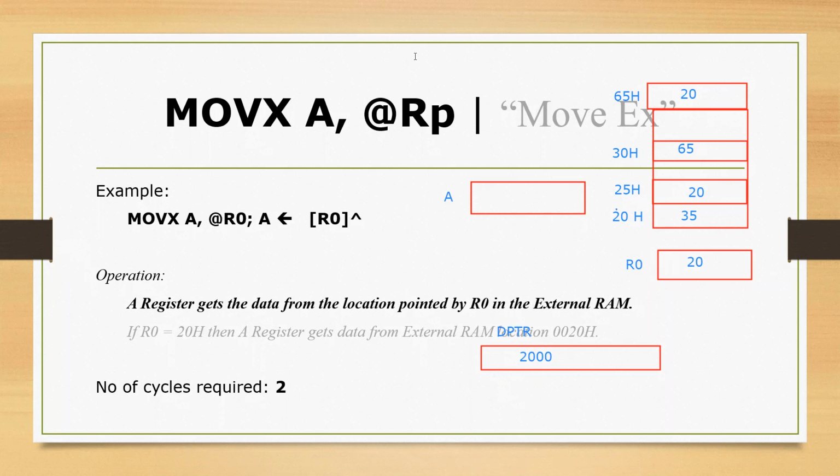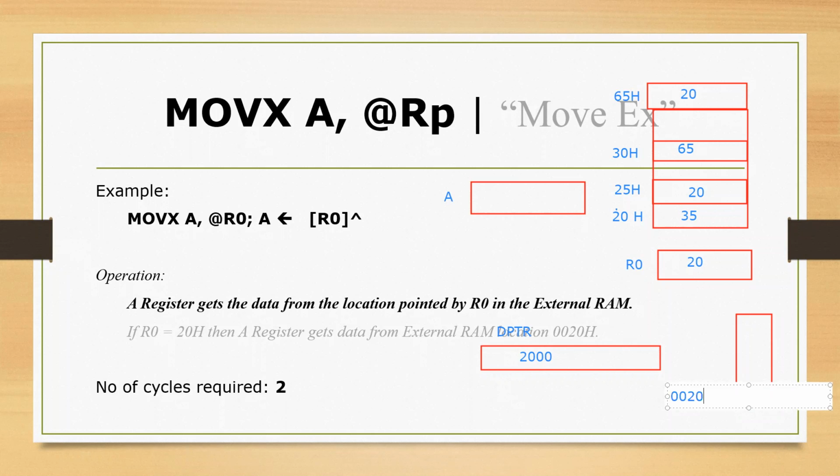So I can show an external RAM location. It is pointing to the 20 hex location, that is 0020.